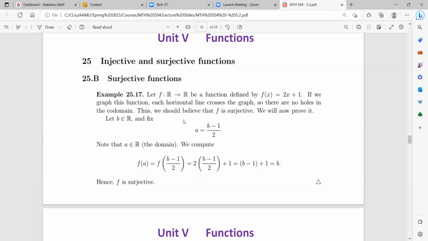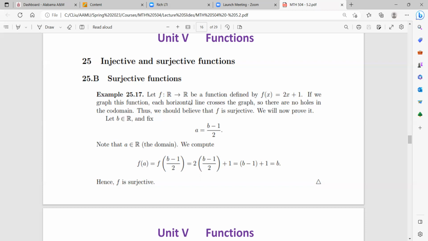In other words, whenever you draw a horizontal line anywhere, you will cross the graph. So for any real number y, either positive or negative or 0, you can always find the x value paired with it. That's if you think about the horizontal line.